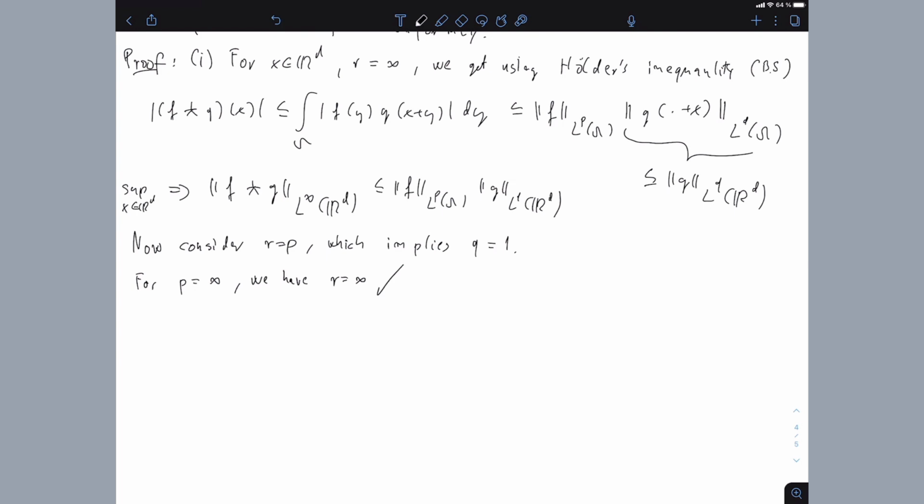So the case R equal infinity we already have confirmed. That means we need to look at only the case that P is smaller than infinity.